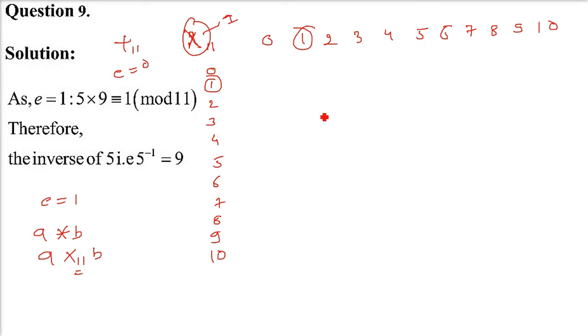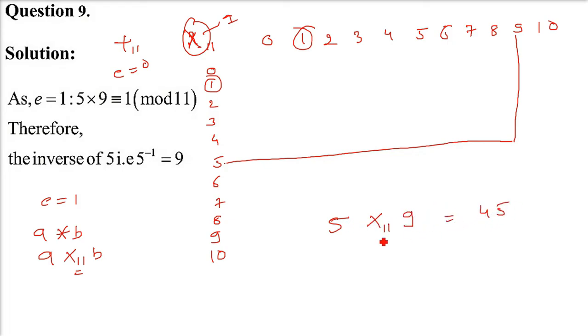See, just take 5 and 9. 5 9s are 45. We have to take the division by 11. 11 4s are 44. And there will be 1 remainder. So 1 will be the remainder. And that is what we want. We want the identity element, which is 1.